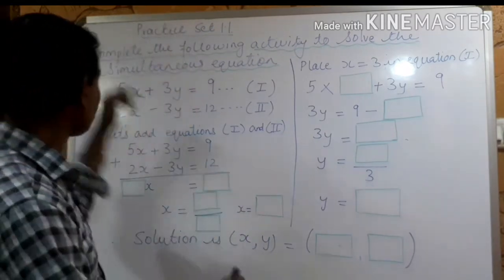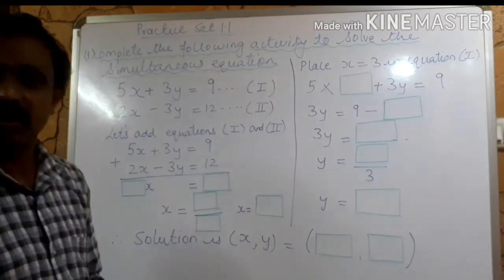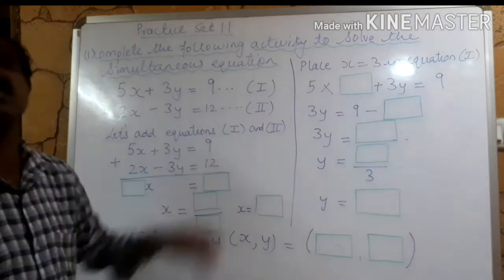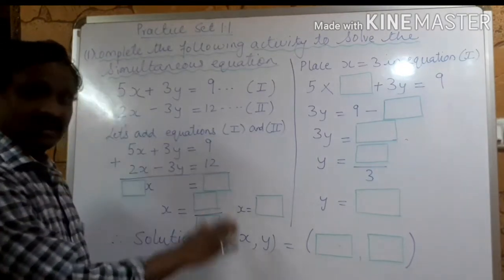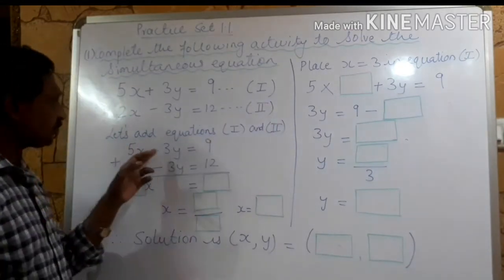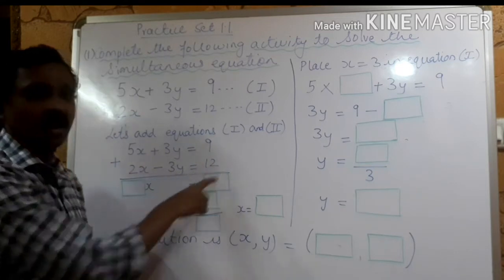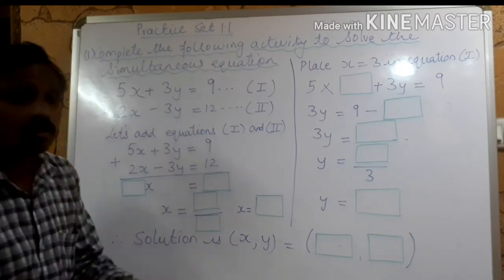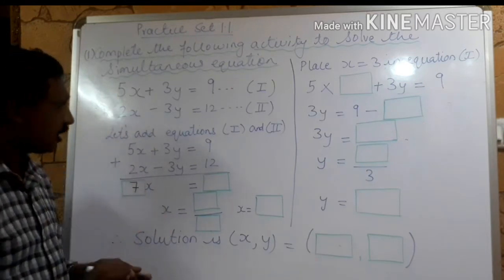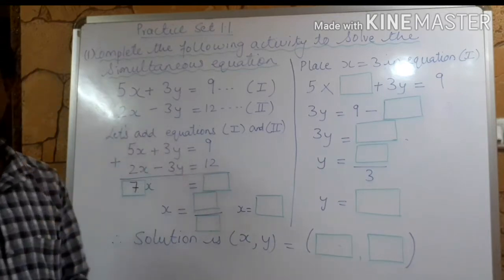So let's start. 5x plus 3y is equal to 9 is the first equation. 2x minus 3y is equal to 12 is the second equation. Let's add equations 1 and 2. 5x plus 3y is equal to 9 plus 2x minus 3y is equal to 12. So what we get? 5 plus 2, we get 7x. Now if you see, you have got plus 3y minus 3y.